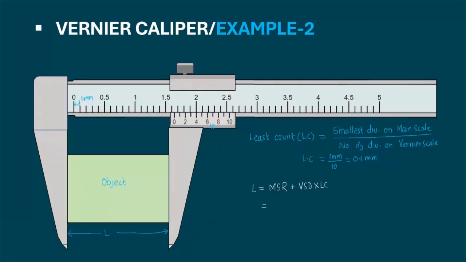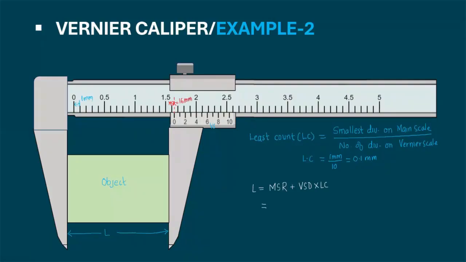Okay, so for the main scale reading, we have to check where 0 is coinciding. If you see here, friends, the 0 of the Vernier scale is coinciding at this line, right? So this reading on the main scale will be called the main scale reading. The main scale reading over here is 15 and 1, 16, so 16 mm.